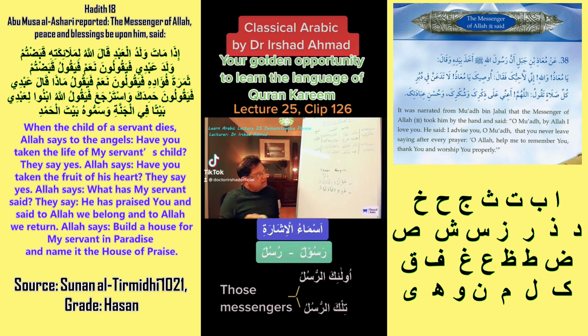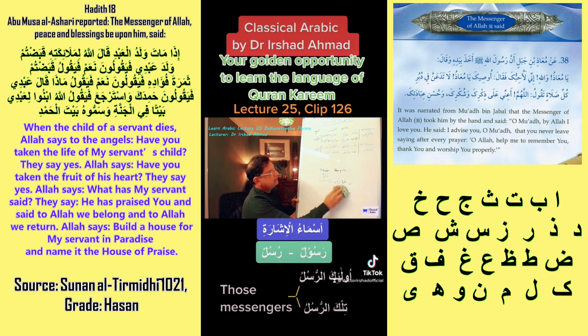Similarly, let us look at another construction. Rasulun is messenger, it's singular. Rasul, messenger, and its plural is Rusulun, Rusulu, Rusulun here without al. Rasulun, Rusulun. So this is jama mukassar of Rasul.